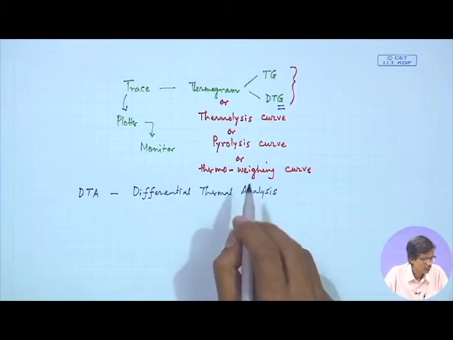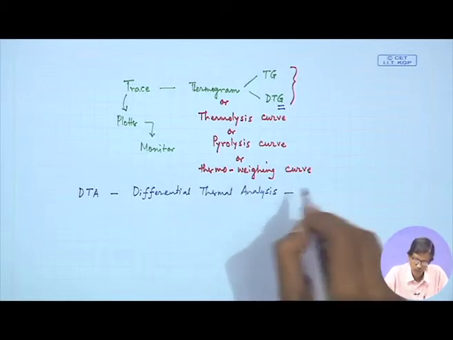which is thermogravimetric; G is there, but DTA is typically the analysis, and in this particular technique the temperature difference we will be monitoring.